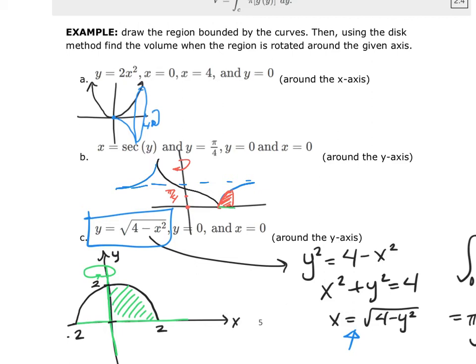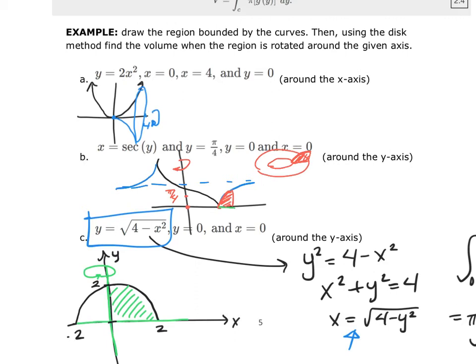That's what the shaded region is going to look like. It's basically going to make a ring, like a donut. When I pull a slice right here, it's going to have that shape right there. So that's what it's going to look like as you revolve it around there.